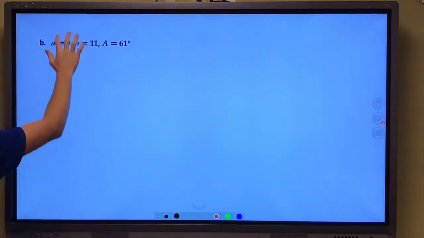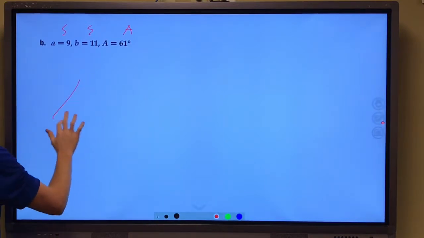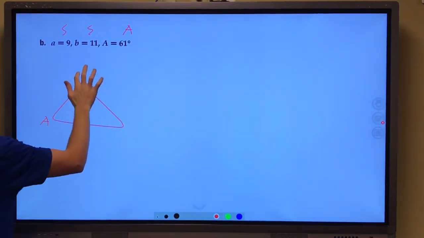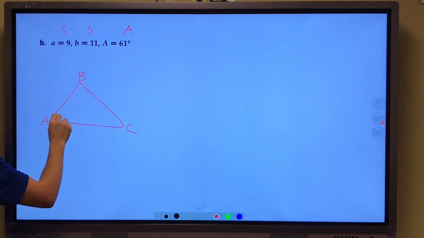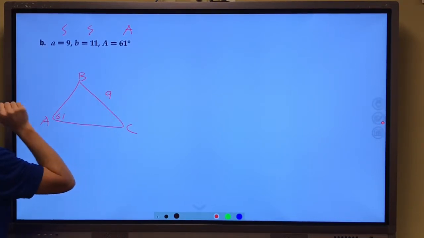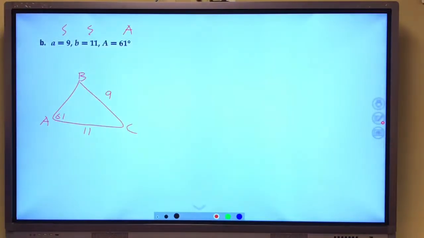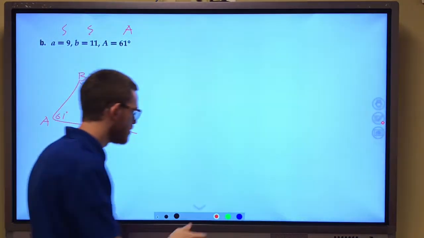All right, so let's see another situation. Once again, we've been given the side angle situation. If we set this up, triangle ABC, angle A is 61, opposite A is 9, opposite B is 11. We have an acute angle this time, so we are going to see where this goes.